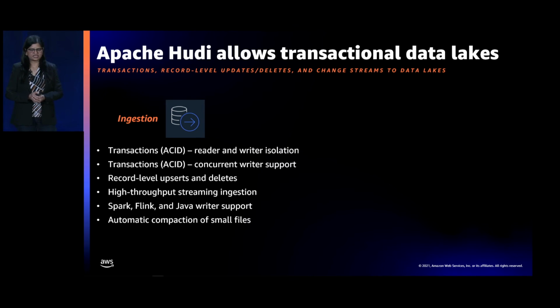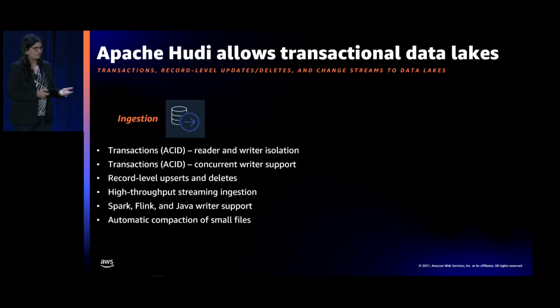Hudi offers transactions, or the ACID capability, that allows for not only performing reader and writer isolation, but also has concurrent writes supported. You have record-level upserts and deletes. You have high throughput streaming ingestion, and it supports engines such as Spark, Flink, and Java writers.